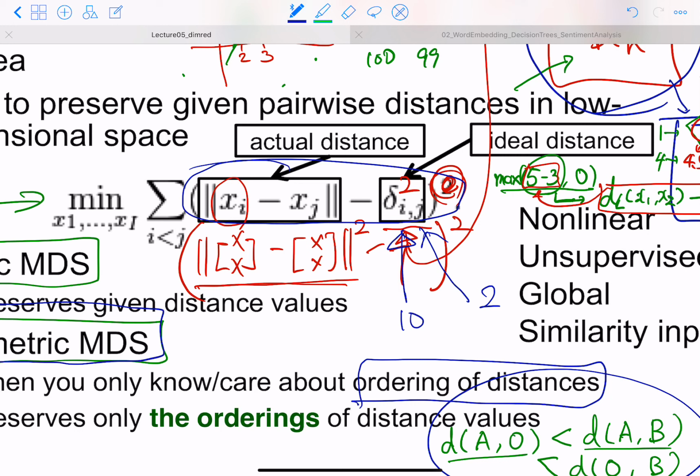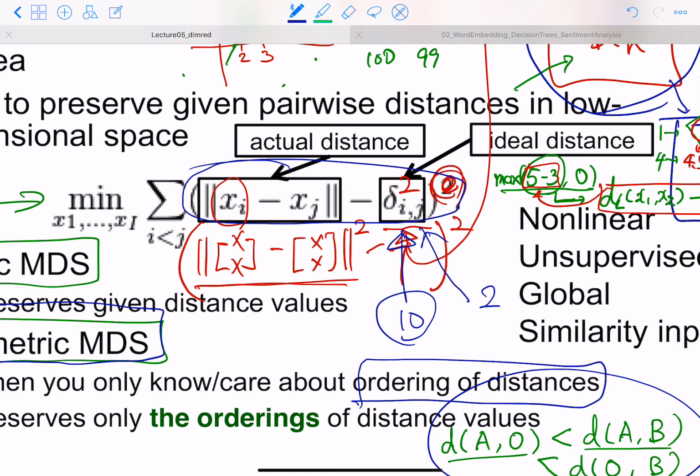Among the many different pairwise distances that we have to fit, this MDS criterion will tend to fit large distances more carefully.